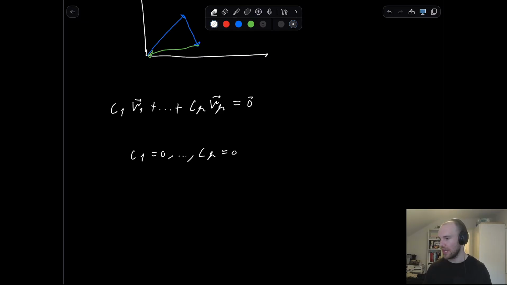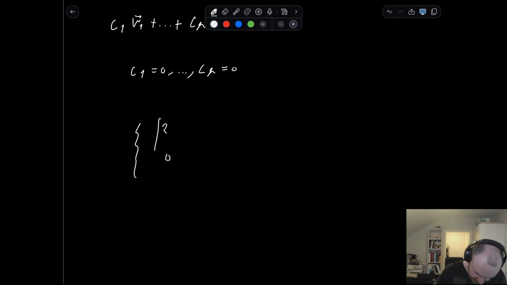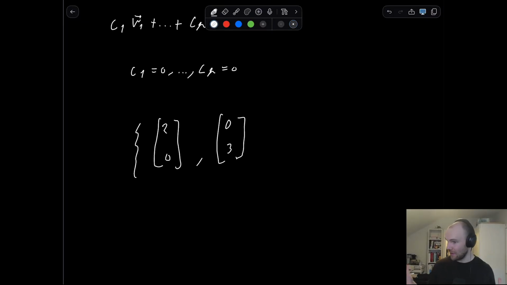You could also say it's the most unique vector, so I can't represent any other vectors from the set of these vectors. So if this was my set, I had (2, 0), and then the other vector would be, for example, (0, 3). These are independent. I can't scale (2, 0) to get (0, 3).